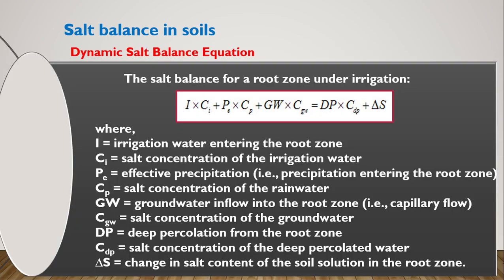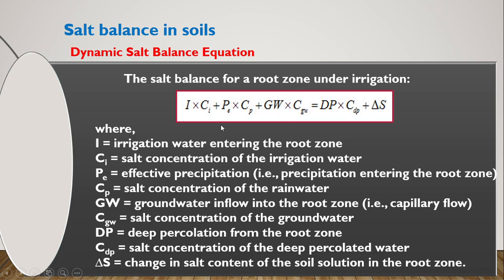So what is that balance? So this is the equation for salt balance. By reading this equation you can get the logic. Irrigation water entering the root zone into its salt concentration, irrigation water plus effective precipitation plus groundwater will give depercolation plus change in storage.